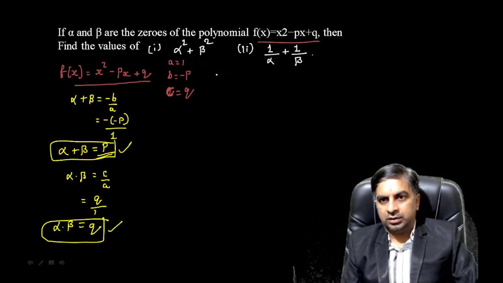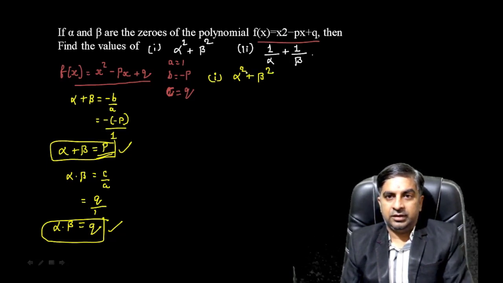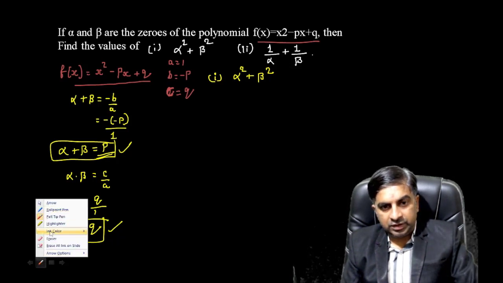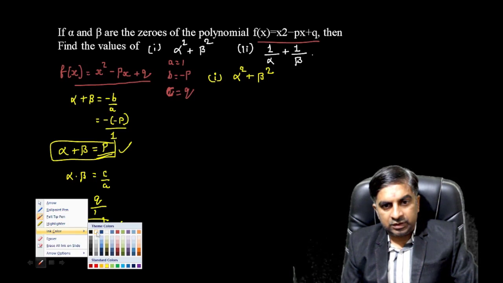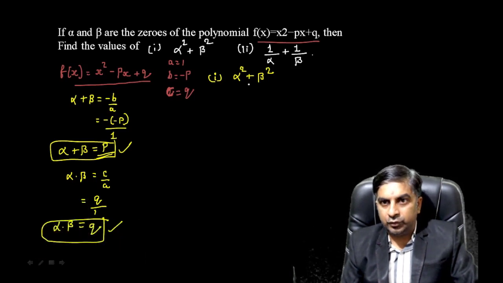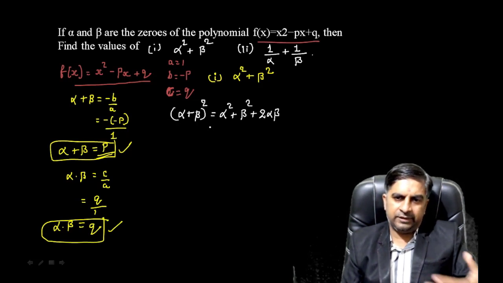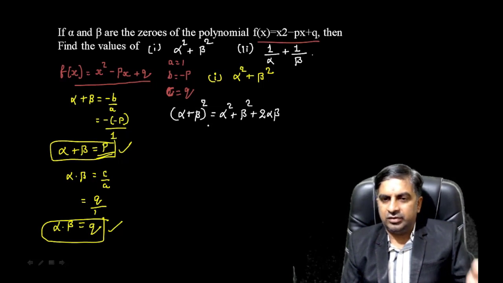Now here, first answer, you need to find out alpha square plus beta square, but you don't have the values of alpha and beta. You have alpha plus beta and alpha into beta. So what are you going to do? Now here you need to understand and use different identities, sometimes different formulas. How? Let me tell you. We know that (alpha plus beta) whole square, identity number 1, is equal to alpha square plus beta square plus 2 alpha into beta. This is identity number 1 that we studied in class 6, 7, 8, 9.